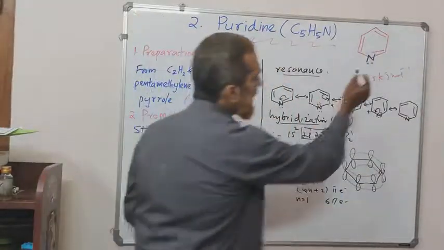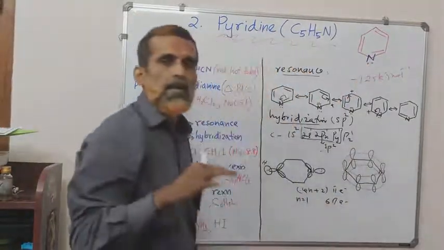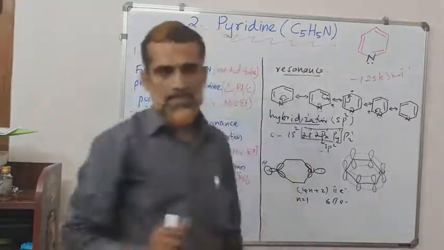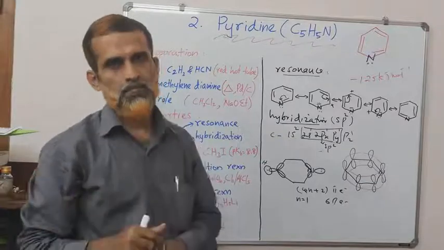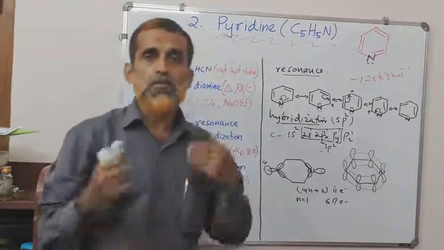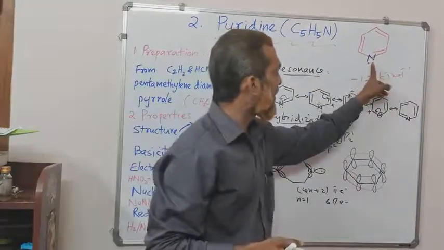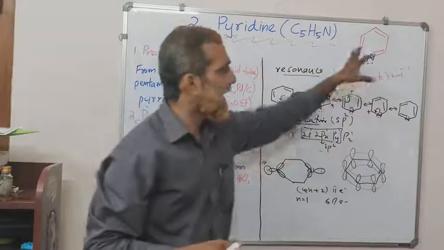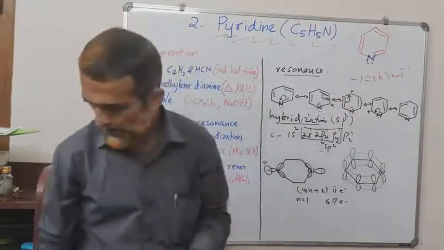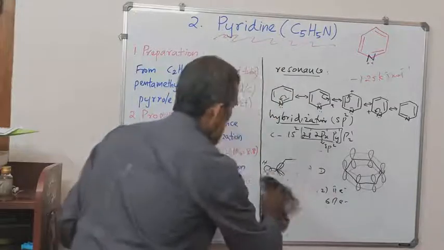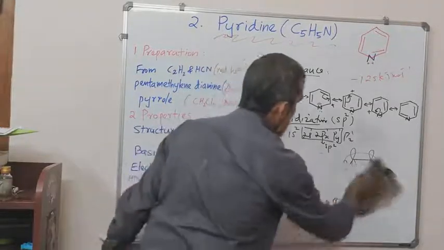Remember that in pyridine, this lone pair is not involved in the delocalization. It is freely available for donation. That means pyridine acts as a good Lewis base. We will now go to the next one, the remaining properties.